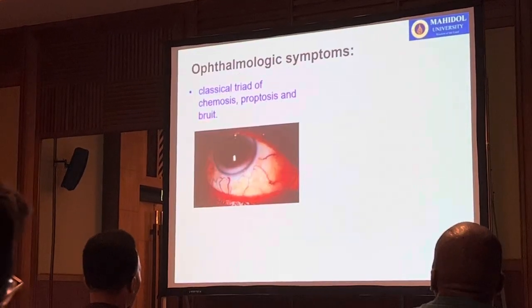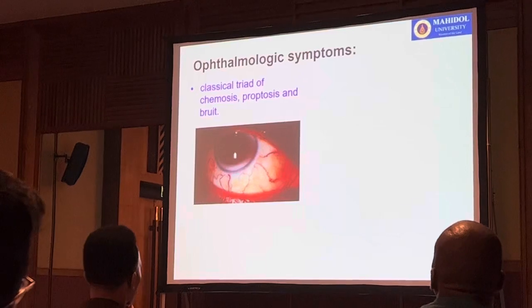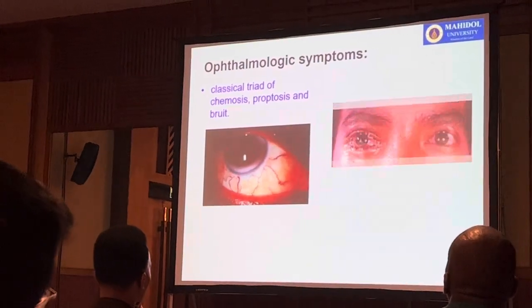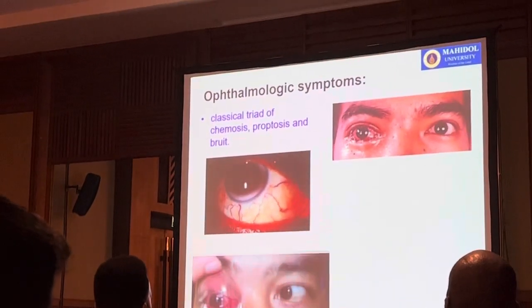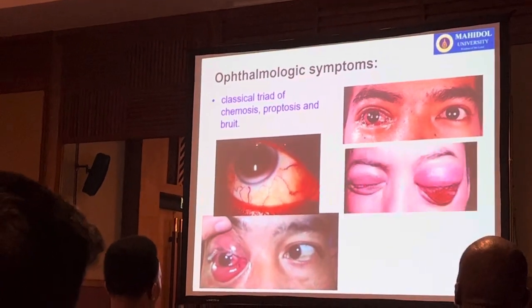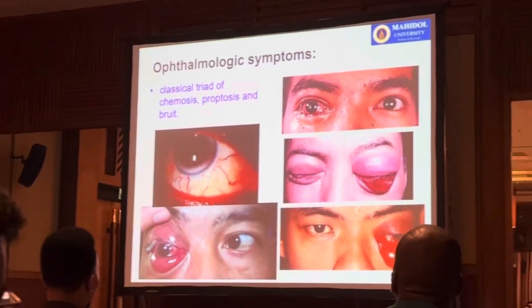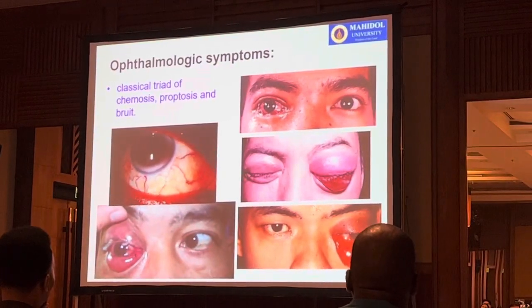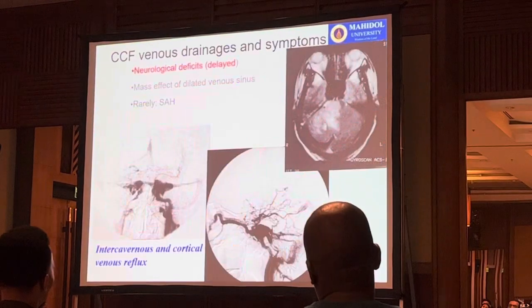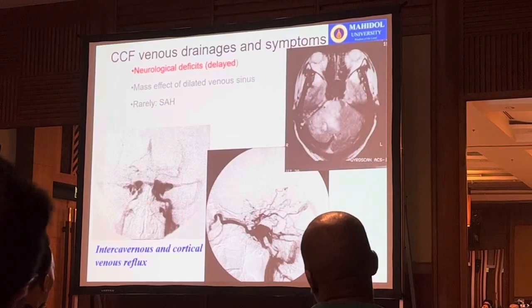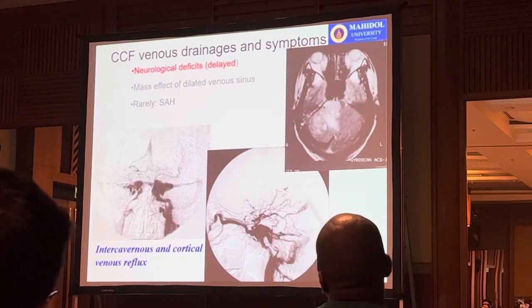In this case, you may have just the beginning of chemosis, proptosis, and bruit, but it can get worse and worse. Usually we have patients who have bleeding from this down to the face, depending on the severity of the congestion in the eyes.